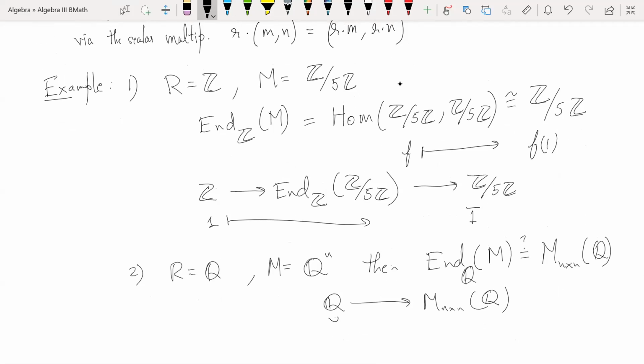So you take a rational number r, it will go to r times the identity. That is the map, a scalar multiple of the identity map. That is what we realized in this example. So this is what generalizes. Here, of course, it's injective but not surjective. So it need not be surjective, it need not be injective, and it need not be either as well.